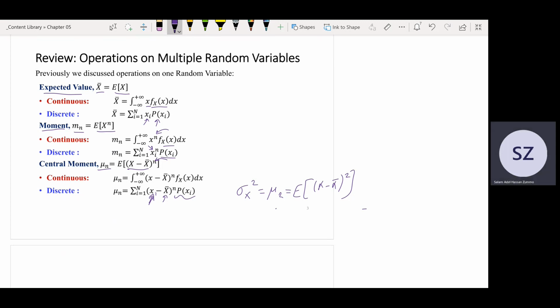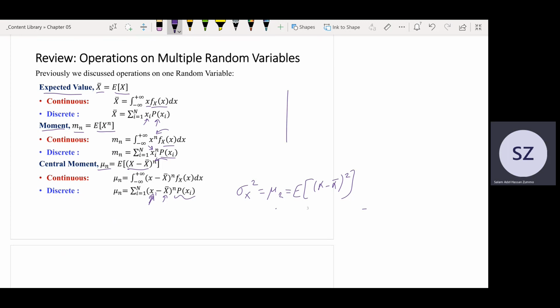You take the difference, how far it is from the mean, and you square, and you multiply by its probability. Repeating this, what does it give you? It gives you the average distance of the value of x from the mean. xi minus x bar squared is the distance.